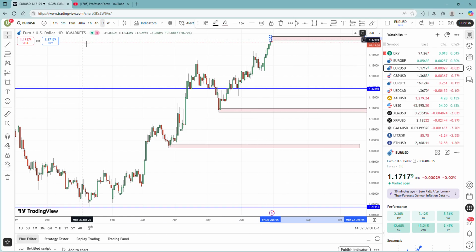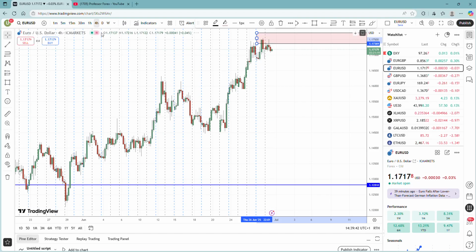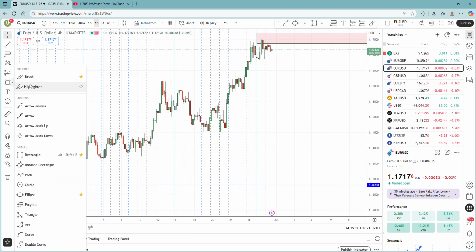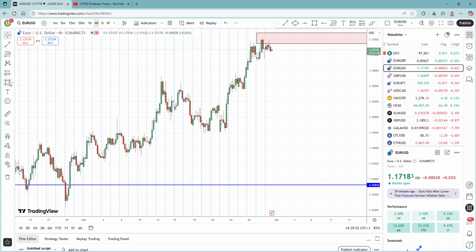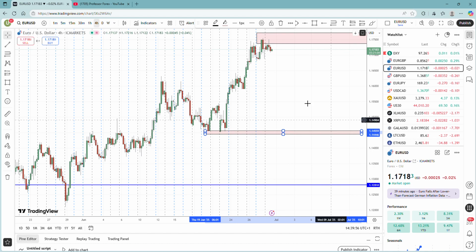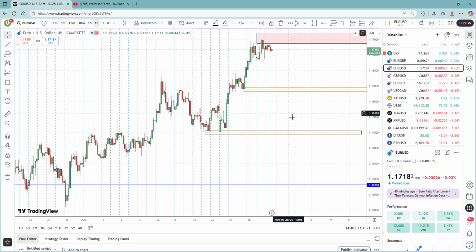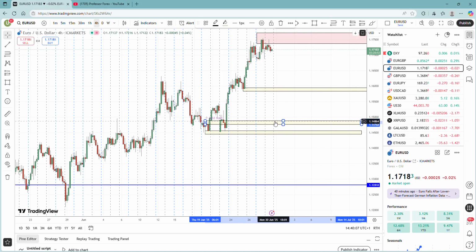Then you go to an H4 time frame and repeat the process once again. Get the rectangle tool out, here's your H4 in yellow, there's another high low, and then you want your higher high.